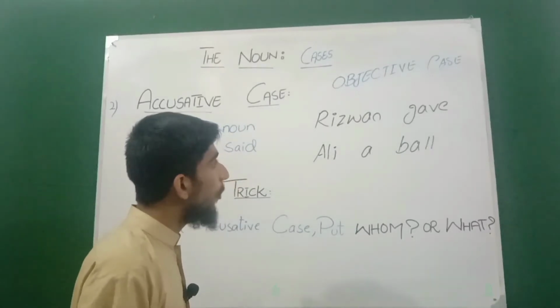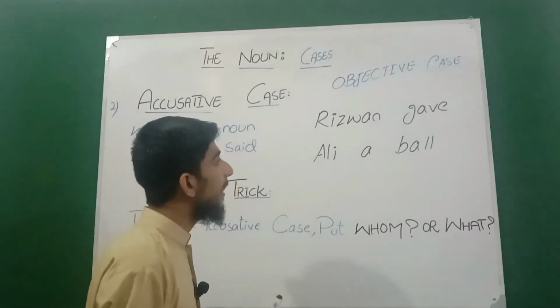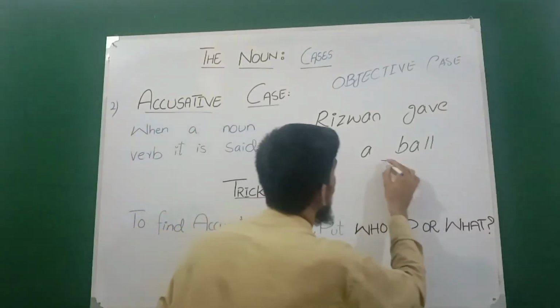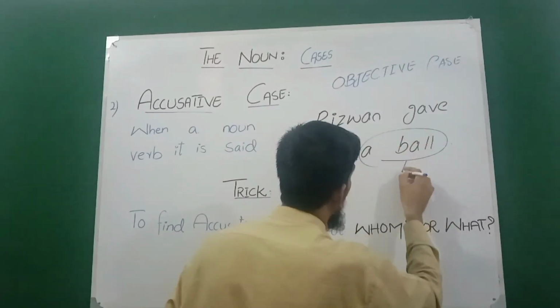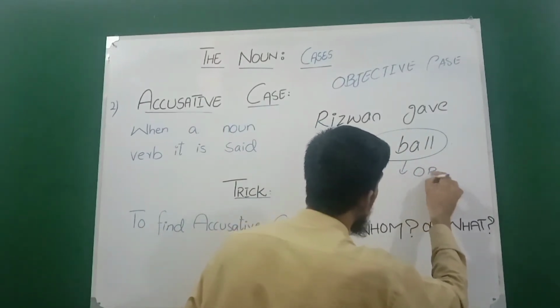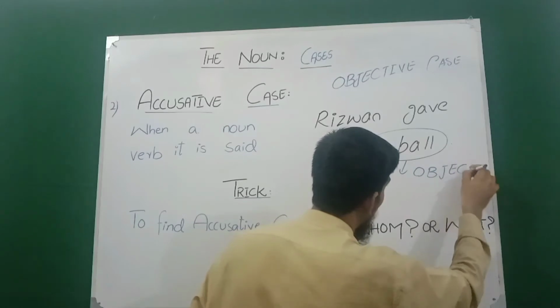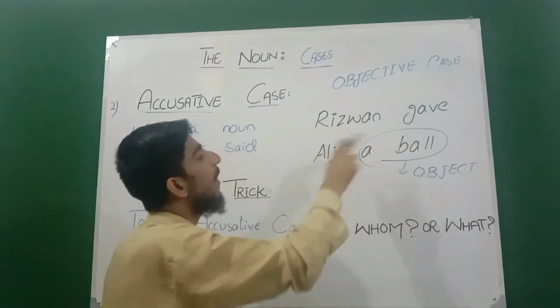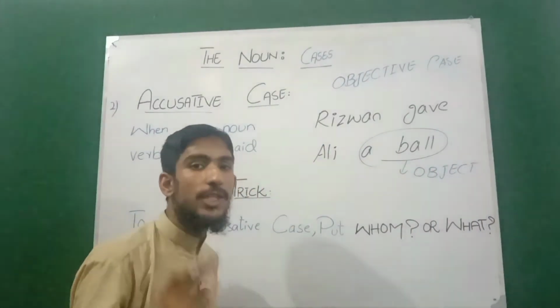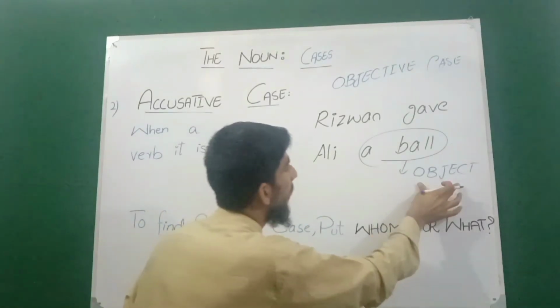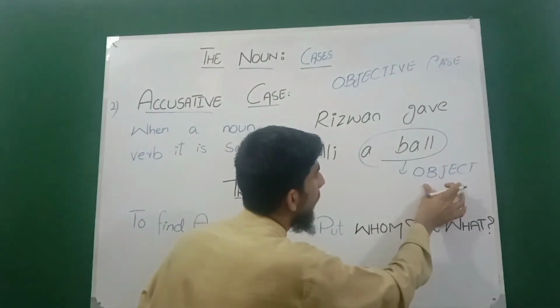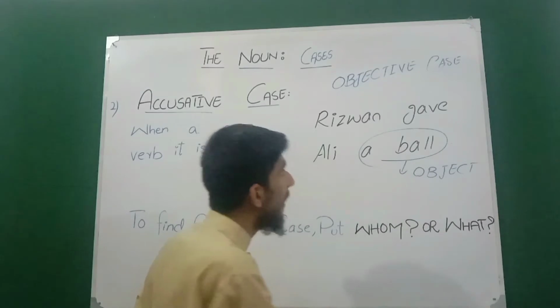Rizwan gave what? Rizwan basically gave a ball. So a ball here is basically the object. A ball is a noun and also the object in this sentence.